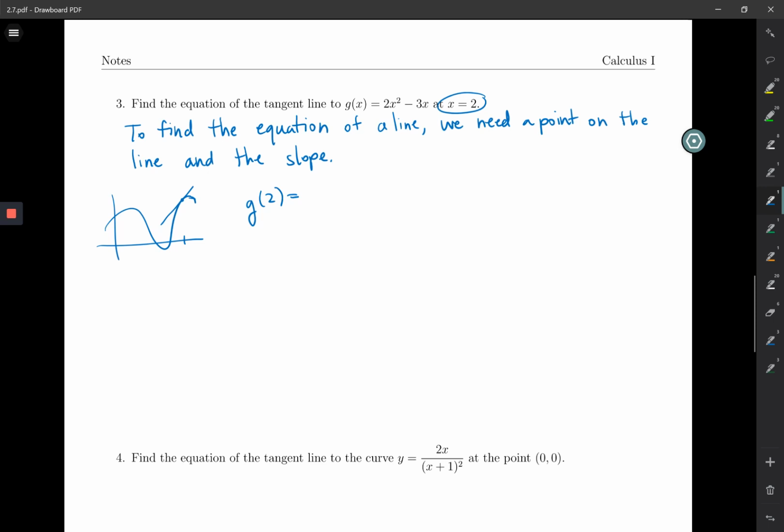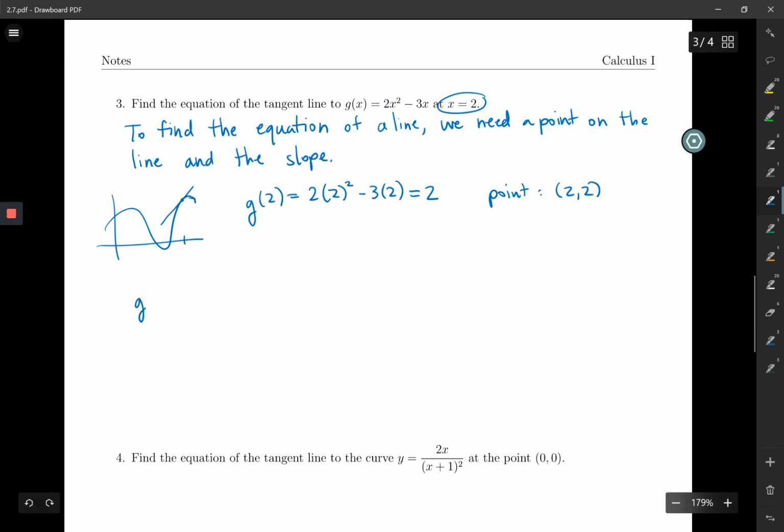So first we plug in 2, we get 2 times 2 squared minus 3 times 2, which is 8 minus 6, so this is 2. And so that means if we want to write it in coordinates, our point is going to be (2, 2), right?